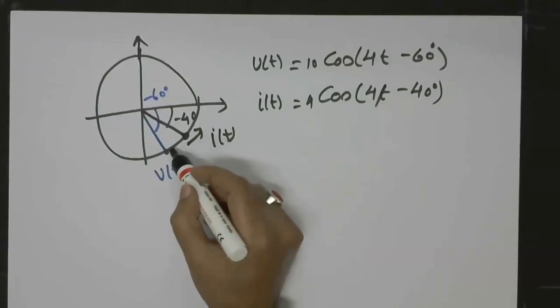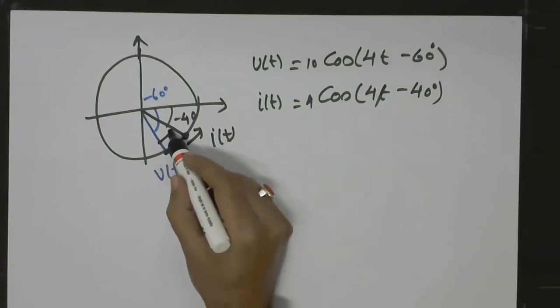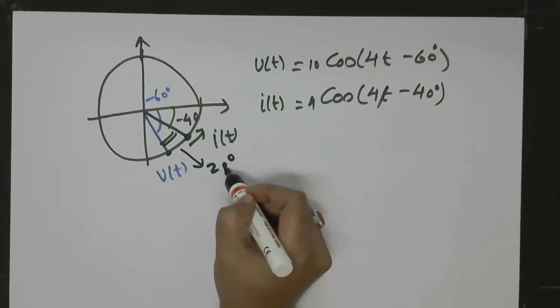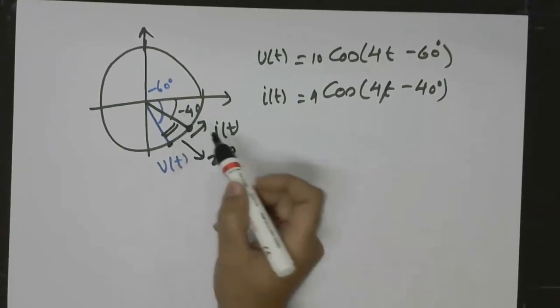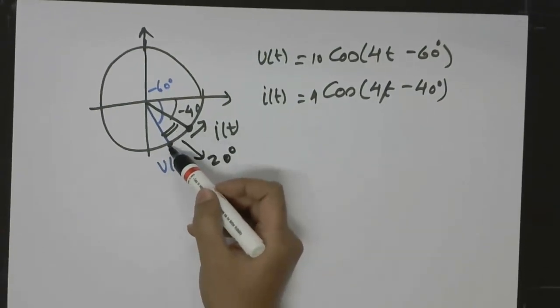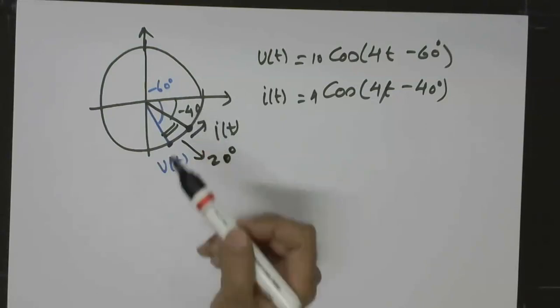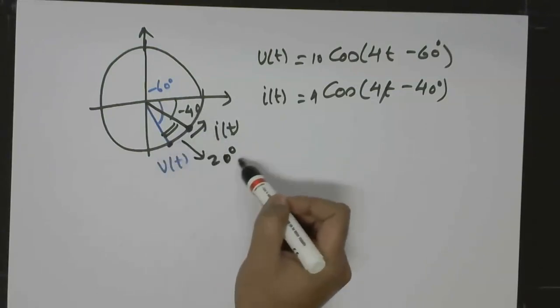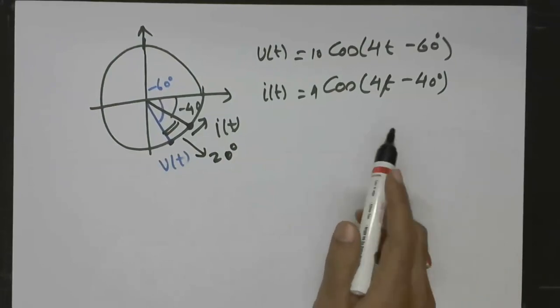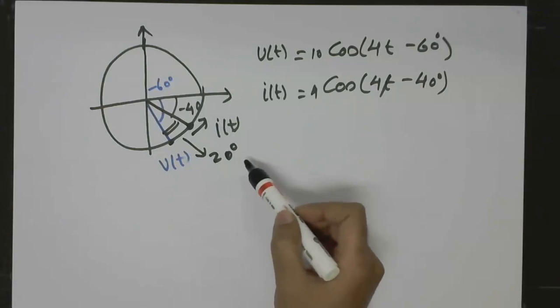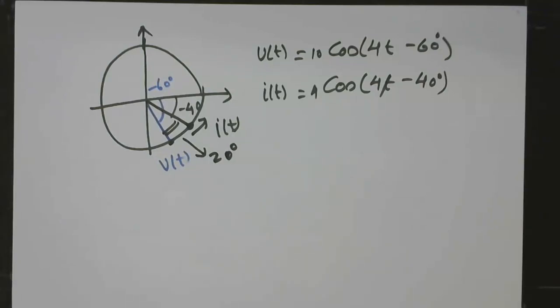Here you can see that It is ahead of Vt, and this difference is equal to 20 degrees. That means it will take some more time for Vt to reach this location. But of course, by that time, It would have moved ahead. But the gap between them is always going to be 20 degrees. So this is the meaning of lead and lag, and the amount by which they are leading or lagging.